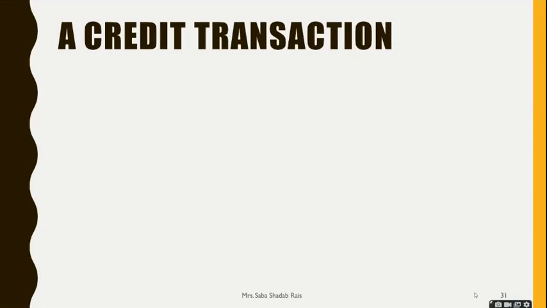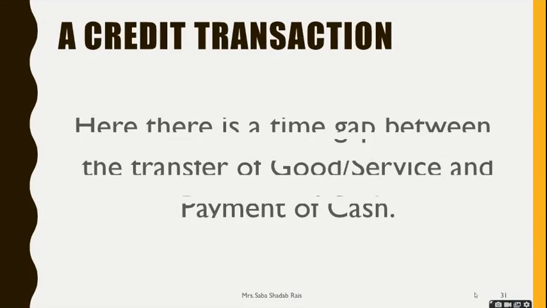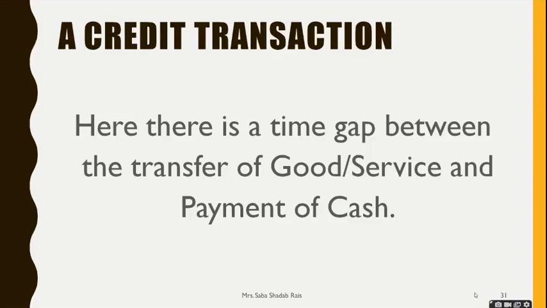The second type of transaction is the credit transaction. Credit is nothing but, in our general term, we call it udhar. Here there is a time gap between the transfer of goods or service and the payment of cash. Suppose I have purchased something on loan.